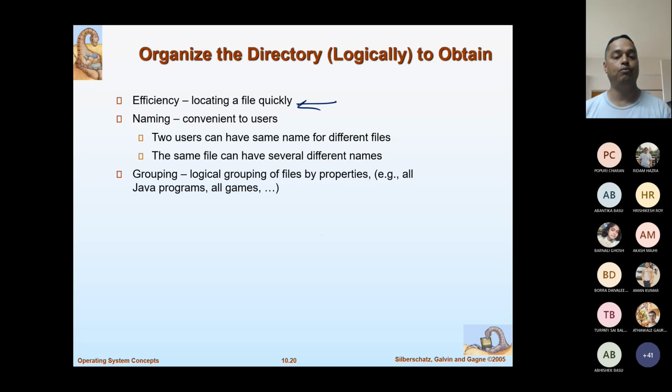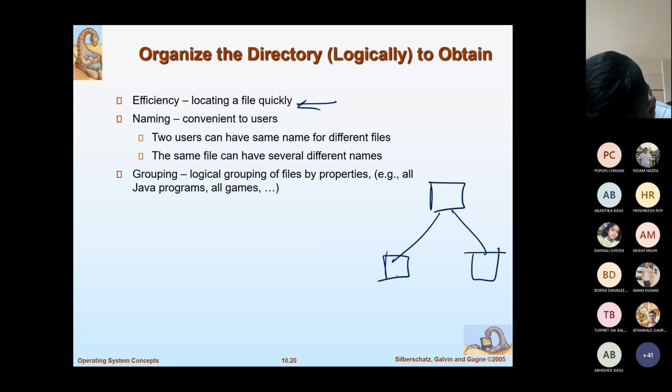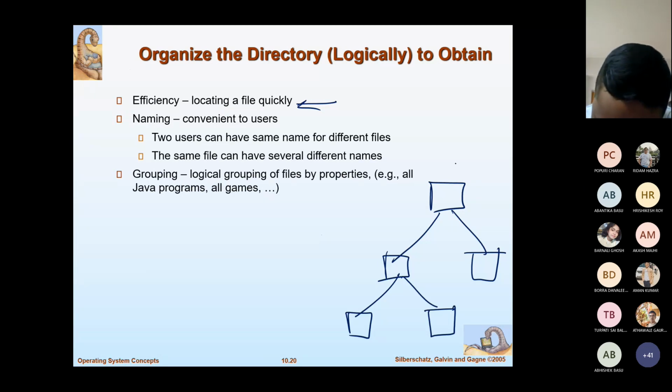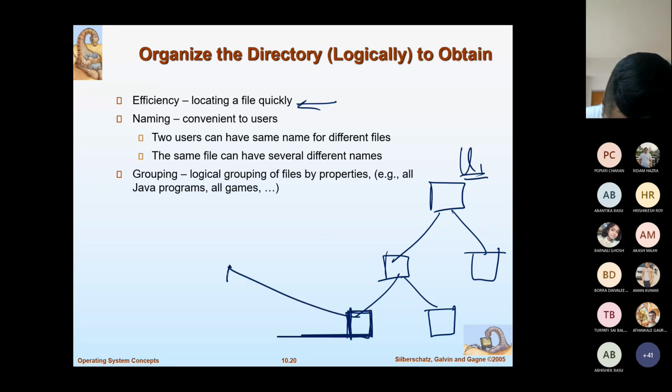Another measure is how you can make a group of the files and assign it to a particular user to access it. So these are all directory structure. Maybe you have a directory and a subdirectory. This is a subdirectory, and U1 is the owner. You want to give access to this subdirectory to U2.